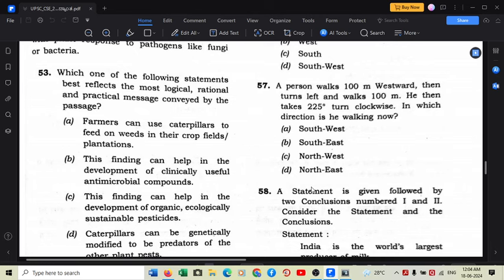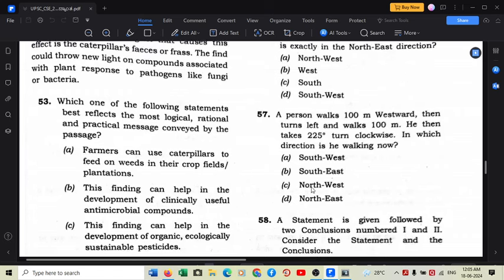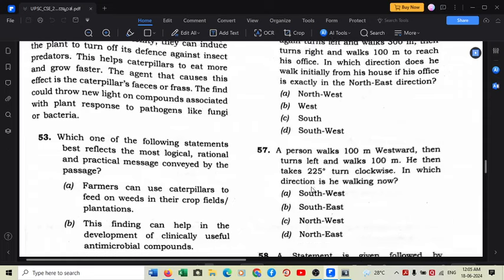And option C also: this finding can help in the development of organic, ecologically sustainable pesticides. So more than antimicrobial compounds, this behavior of caterpillars will be very useful in the development of organic, ecologically sustainable pesticides. The compounds referred to by the author in the last line align well with option C. So option C is the right answer for question 53.